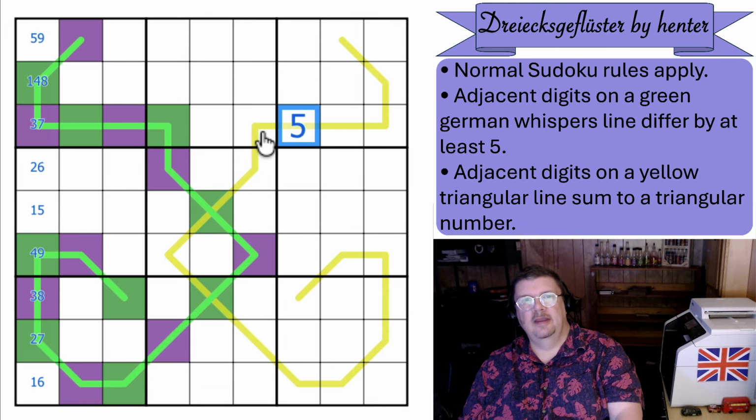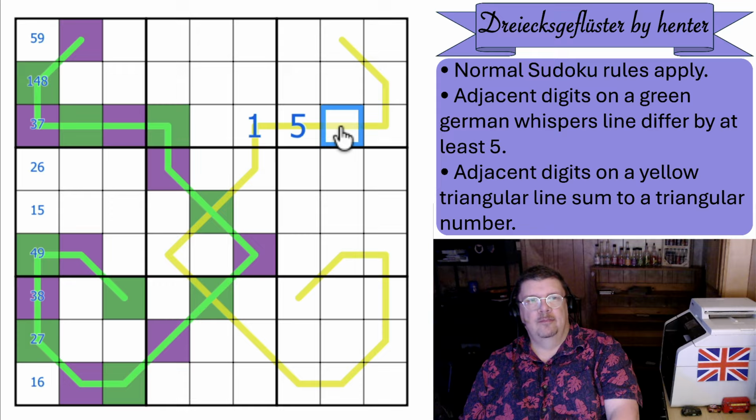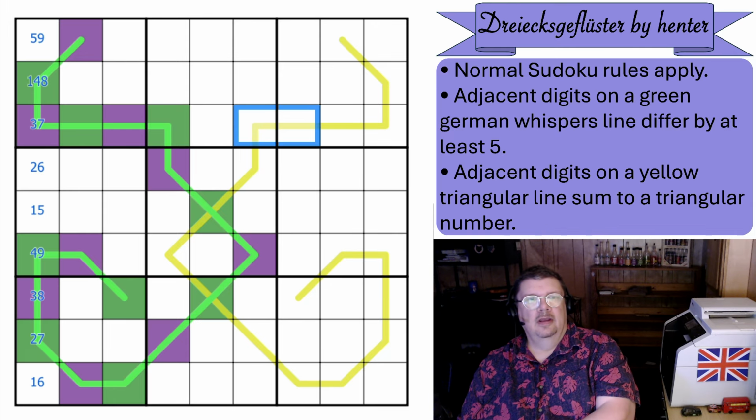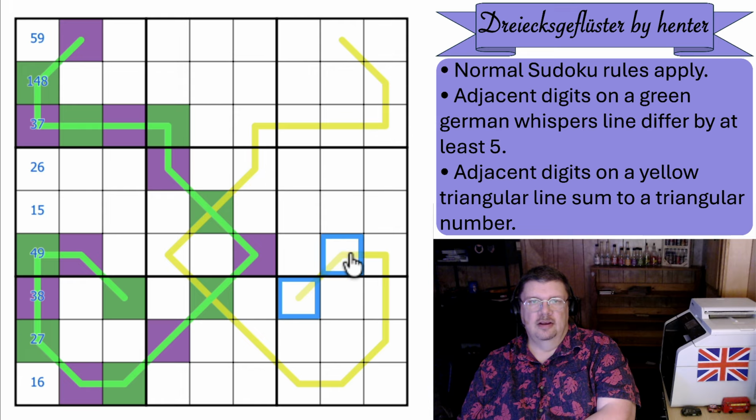If I put a 5 there, well, I could put a 1 there, but 5 can only go next to 1 or 5, and I can't make that 1 or 5. So, and then 3 has a similar restriction. But 3 could go there with those both being 7s. 5 and 3 can go on these and potentially repeat the digits across that bit of line there because they don't see each other by Sudoku.